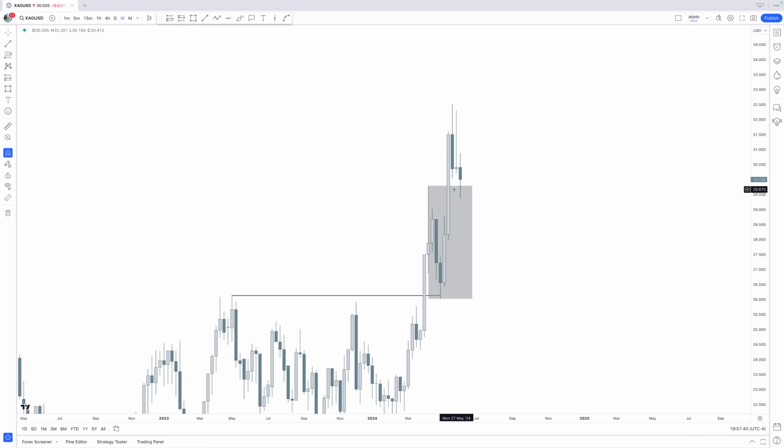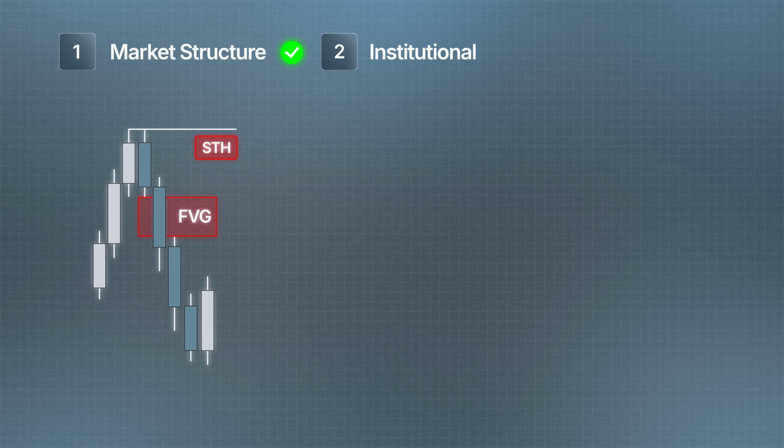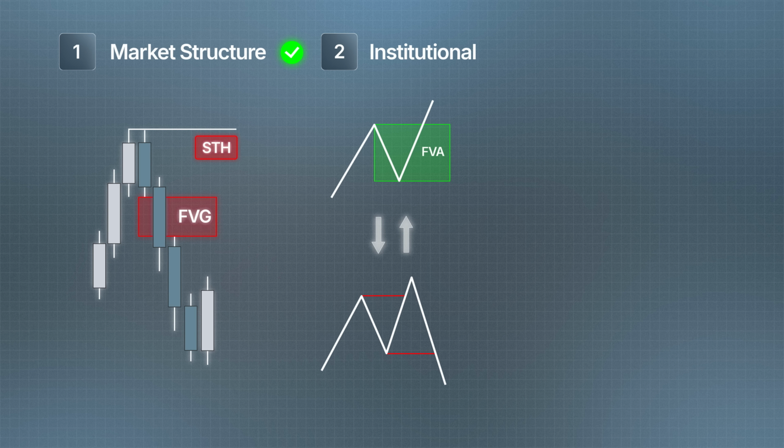If we again understand the fair value areas on the higher time frame first, and then we move on to the lower time frame, then that gets us a very strong and important understanding of what institutional market structure wants to do. Now that was the first part of understanding the institutional concept, which was again offering fair value, those fair value areas.